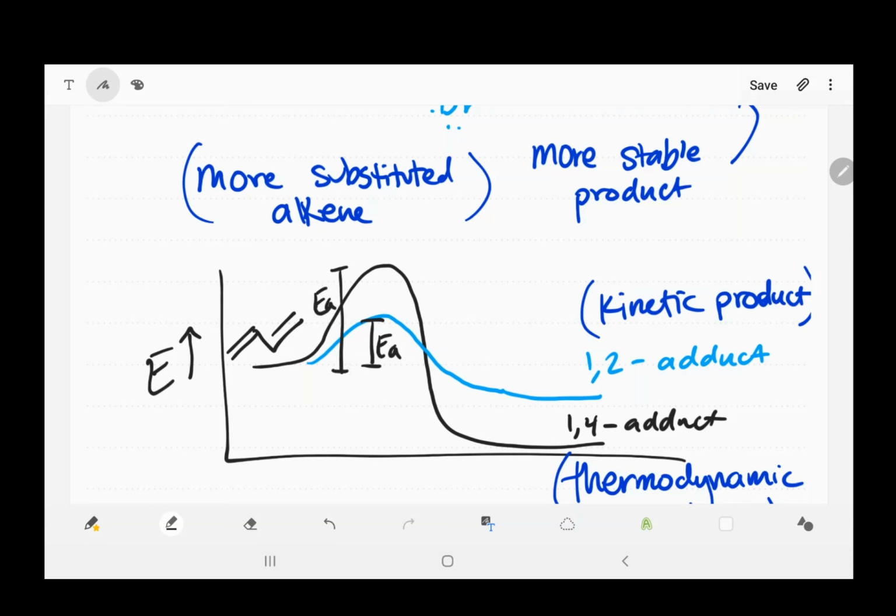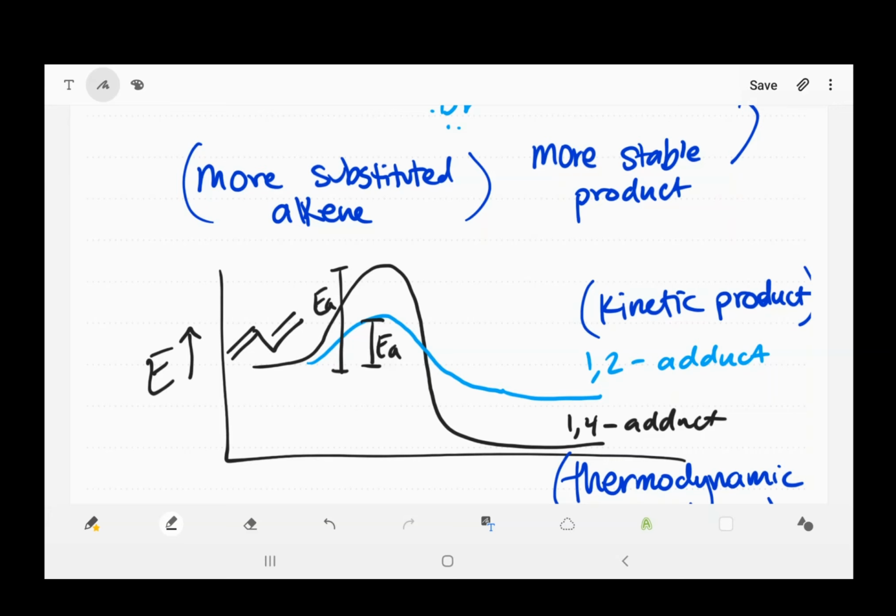We have two different activation energies. So at lower temperature, we're going to have fewer molecules with high enough energy to overcome that energy barrier. So we will end up with our lower activation energy product, which is the kinetic product.